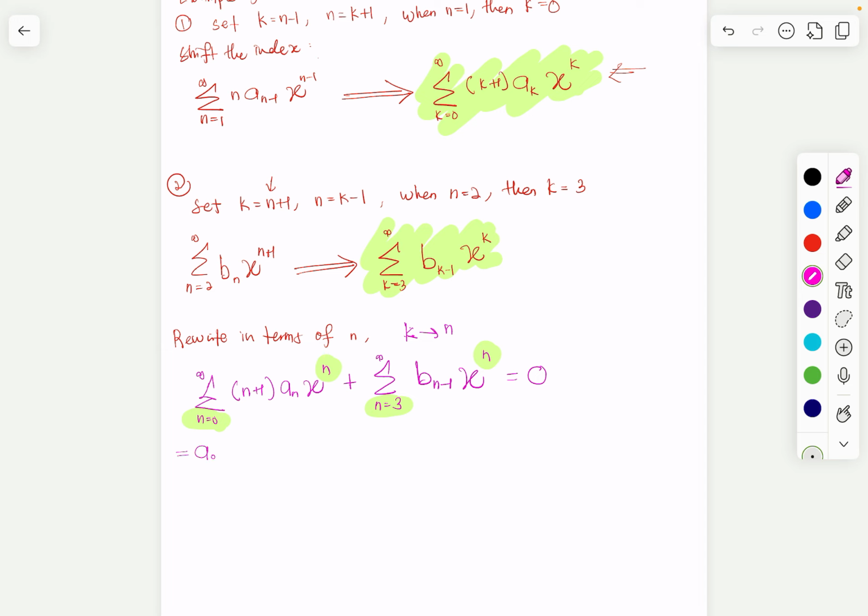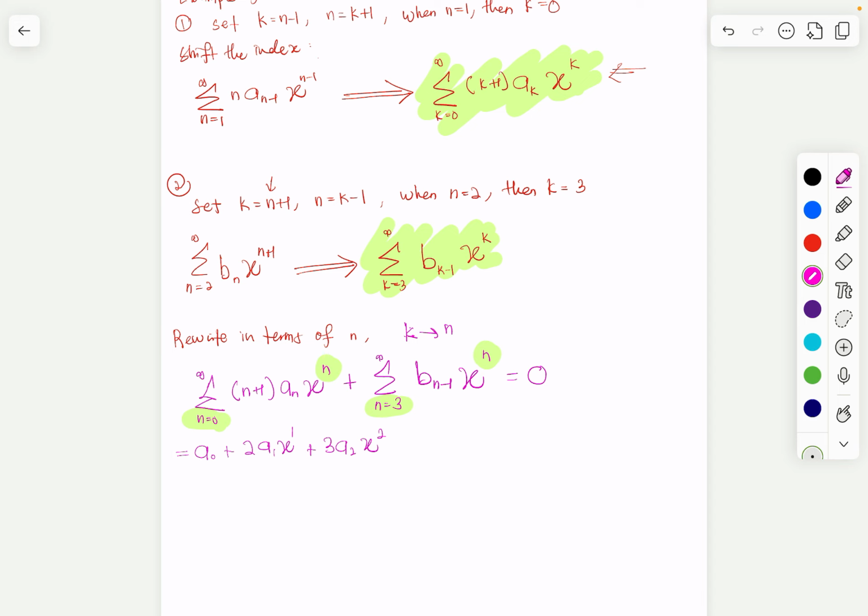When n equals 2, you would get 3a_2 x squared. That is for n equals 0, 1, 2. We do not take n equals 3, because we want to combine with the series where n starts from 3. So we have only 0, 1, and 2.